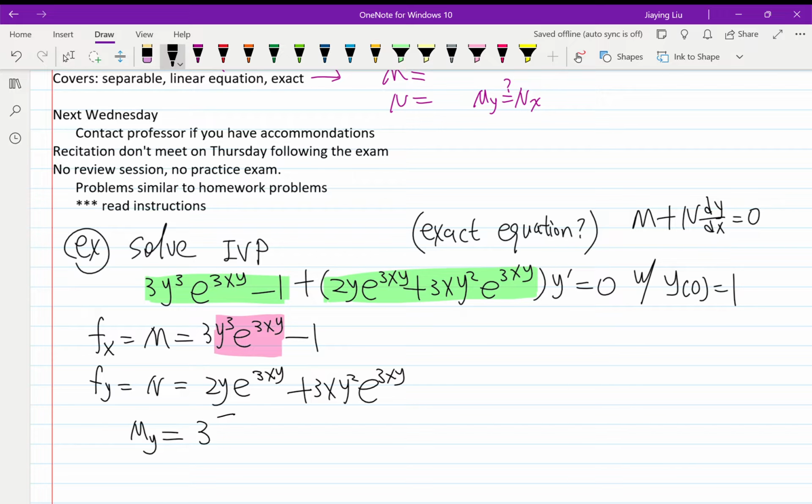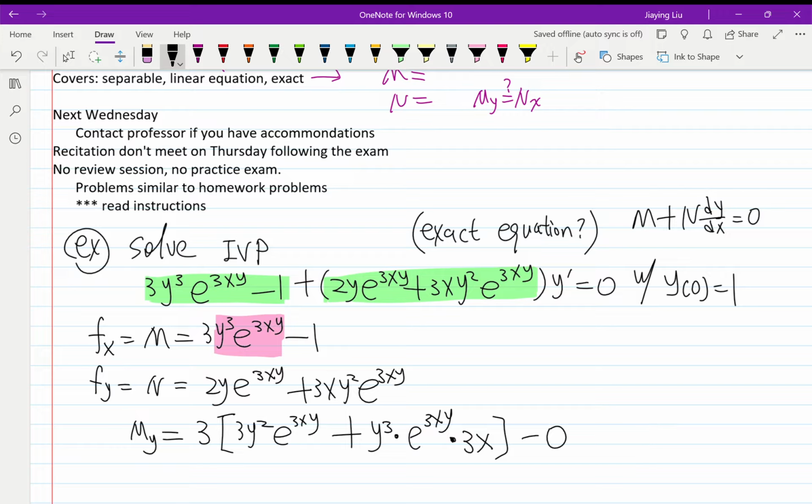So 3 times the product rule: y cubed gives me 3y squared, multiplied by the second term, e to the 3xy, plus the first term, y cubed, times the derivative of e to the 3xy, so that's e to the 3xy times 3x, minus 0. Any questions about what I did? So I leave the 3, don't worry about it.